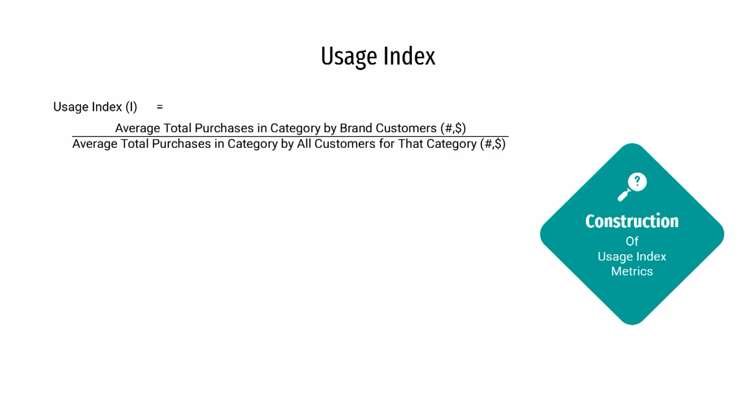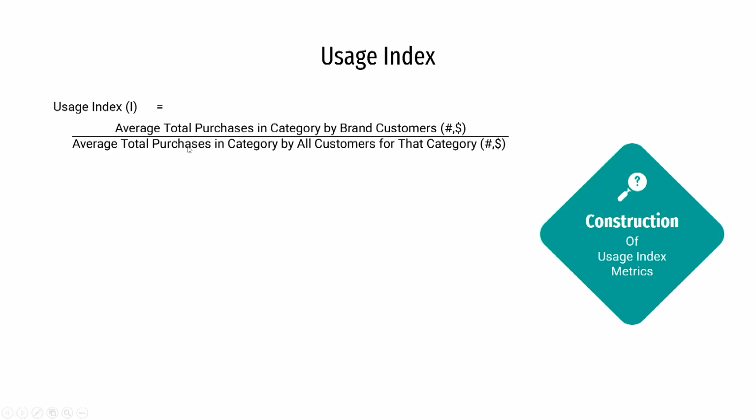So, formula wise it goes like this: usage index equals average total purchase in category by the brand customers. Remember this, concentrate on these words: average total purchases in the category. We are not talking about only the brand, but by the brand customers. Amul's customers, how many packets they are consuming per week on average. It does not matter how many from Amul, rather it only matters how many overall.